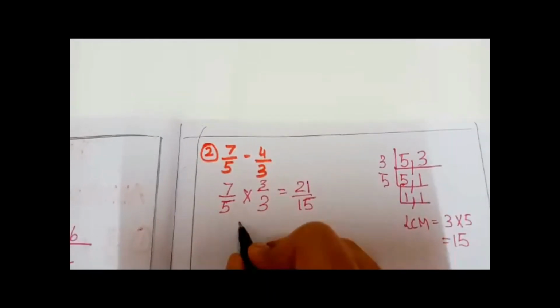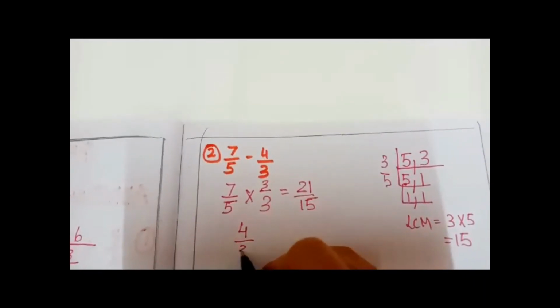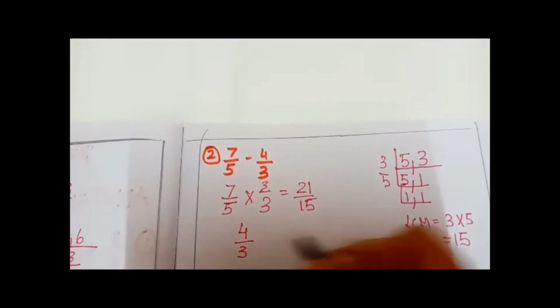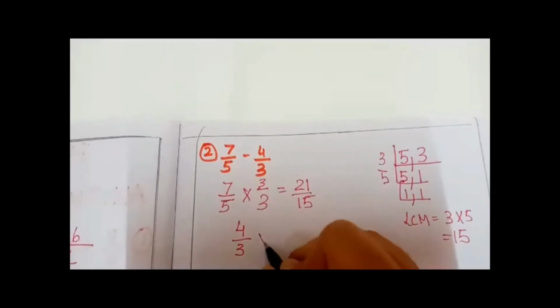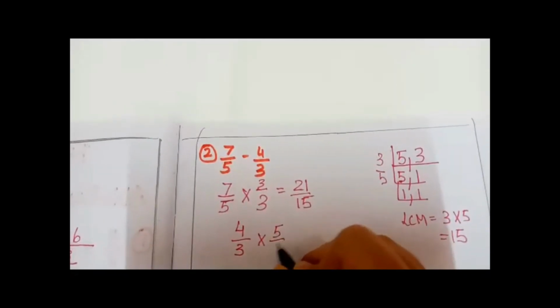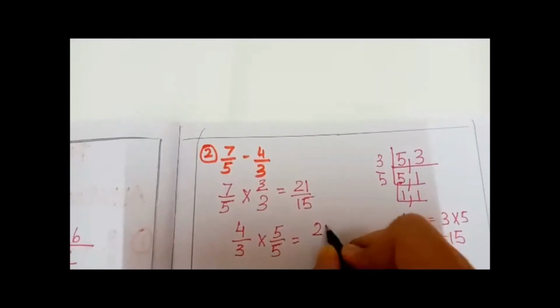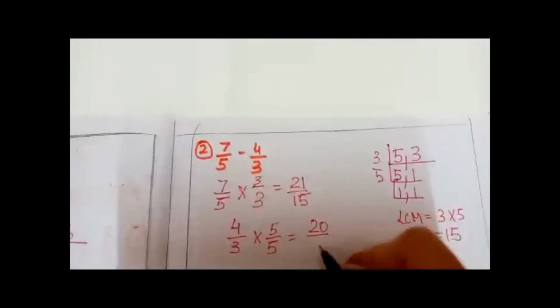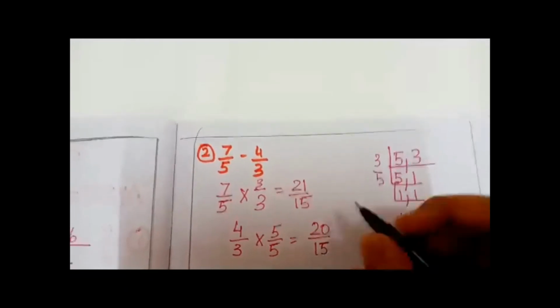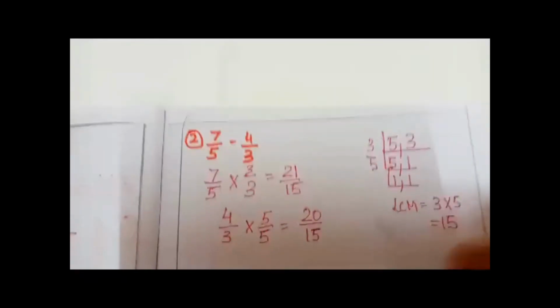Now we have 4 by 3. We have to convert denominator 3 into 15. So 3 into 5 is 15. So what we multiplied down should also be multiplied up. So we get the answer as 20 by 15. Now we got common denominator 15.